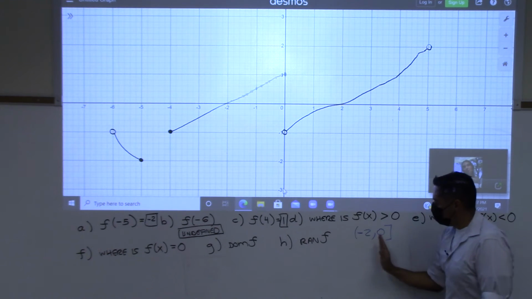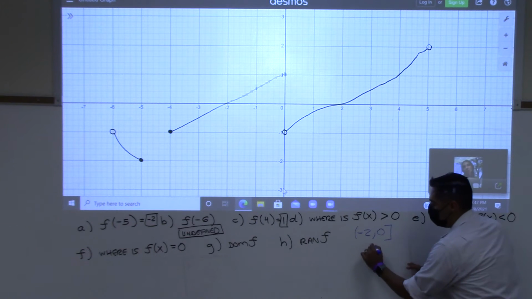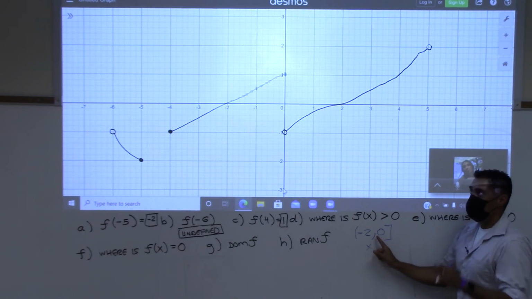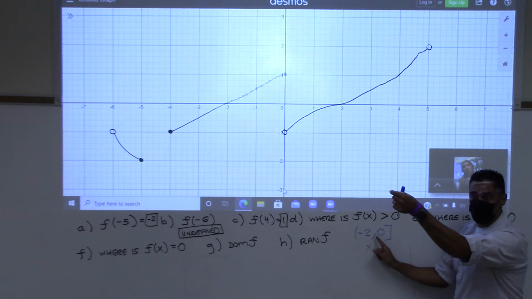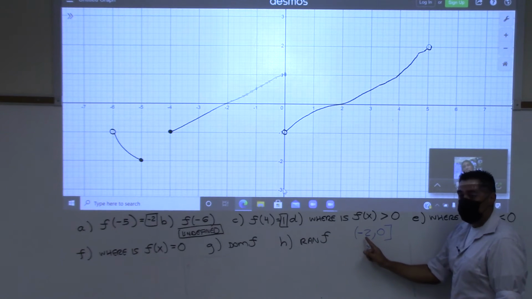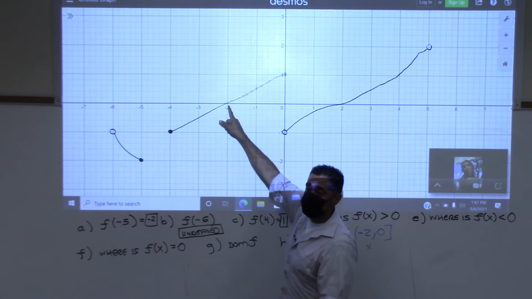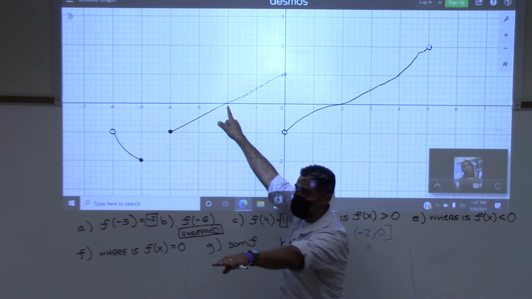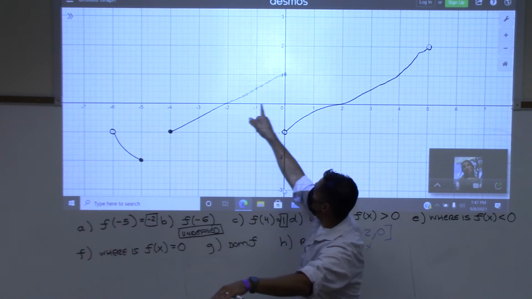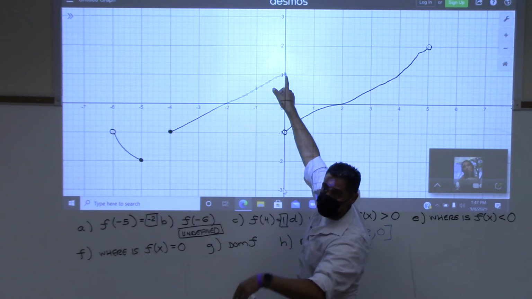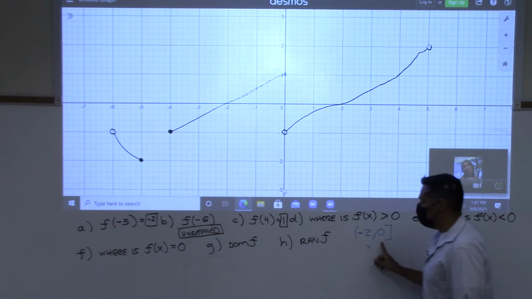What we mean here is if you plug in any of these x values, your function's going to spit out a positive number. You can't include -2, because at -2 it spits out 0, which is not positive. That's why I'm not including -2. But at 0, you plug in, you get 1, which is positive. So I include that. Okay.